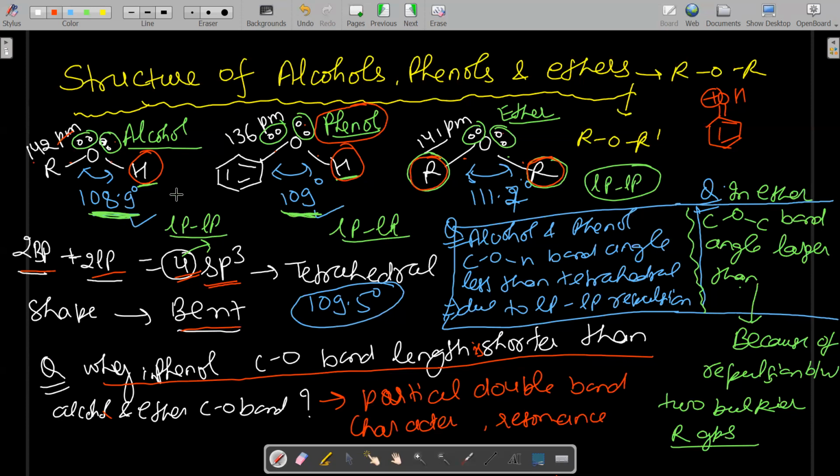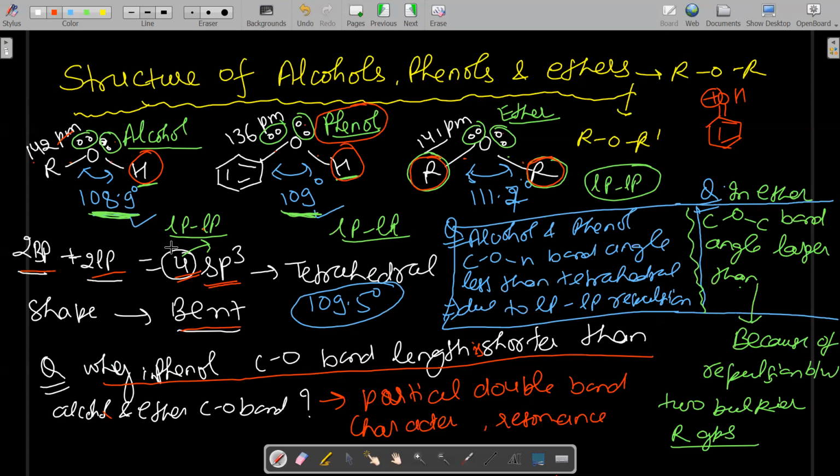So what do you think? In all cases the bond angle should be 109.5 degrees, but it is not, because according to VSEPR theory lone pairs are present, and lone pair repulsion occurs in all cases. The lone pair-lone pair repulsion is greater than lone pair-bond pair and bond pair-bond pair repulsion.